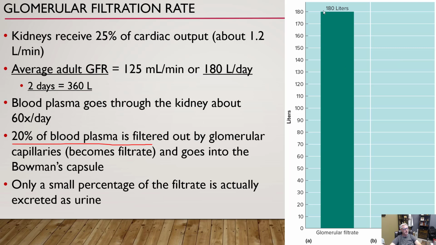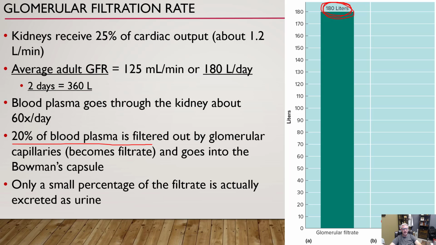So you can see that a lot of water gets filtered out at the glomerular level. About 180 liters of water gets filtered out, but we don't pee 180 liters of water a day. We only pee about 0.6 to 2.5 liters of water. So your glomerular filtrate is 180 liters and urine is only 0.6 to 2.5 liters.